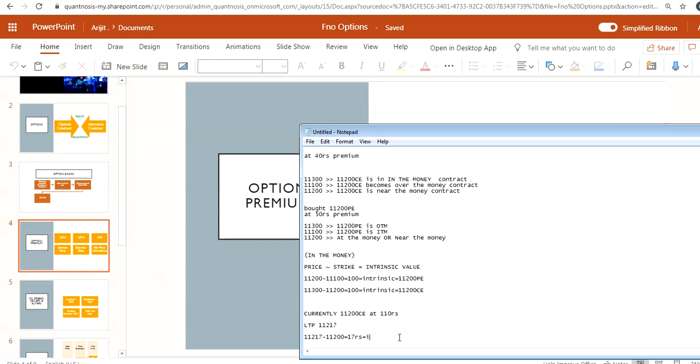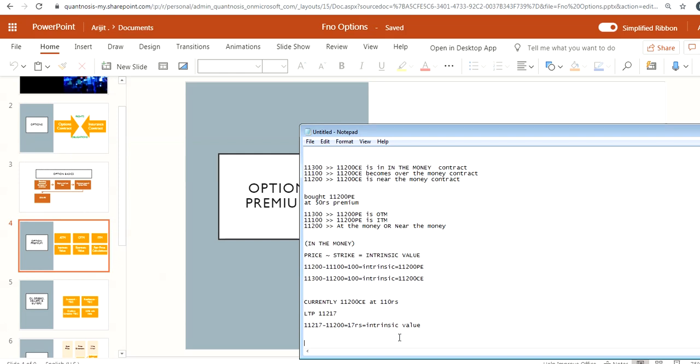This is the intrinsic value of that option contract, which is trading at 110 rupees. So 110 minus 17, which is 93 rupees, is the extrinsic value. So you are paying a premium of 110 rupees with 17 rupees intrinsic value and 93 rupees extrinsic value.